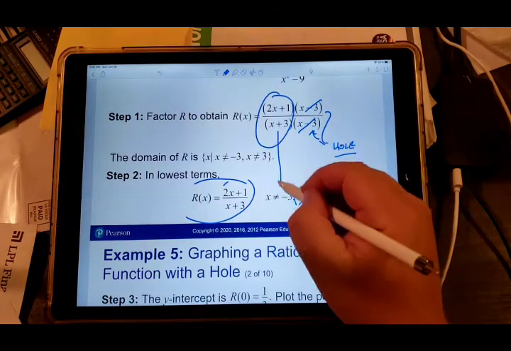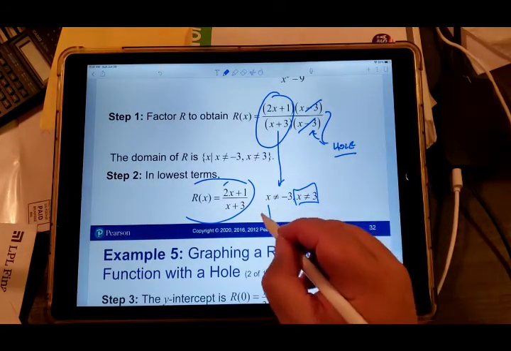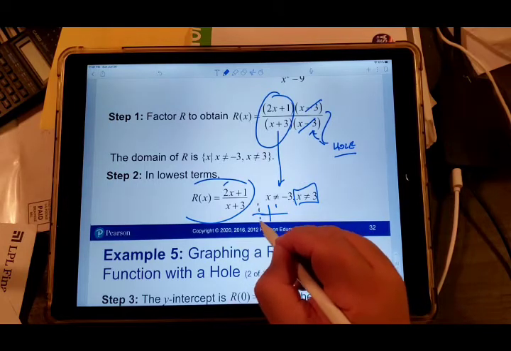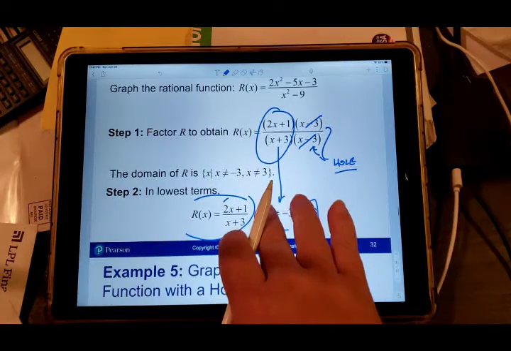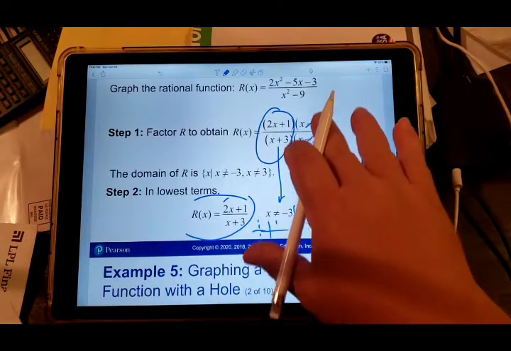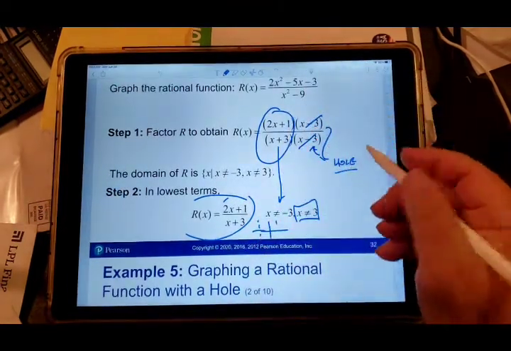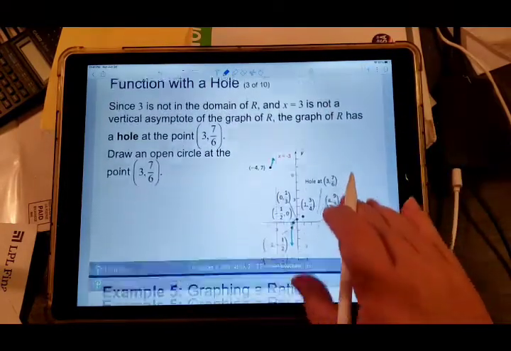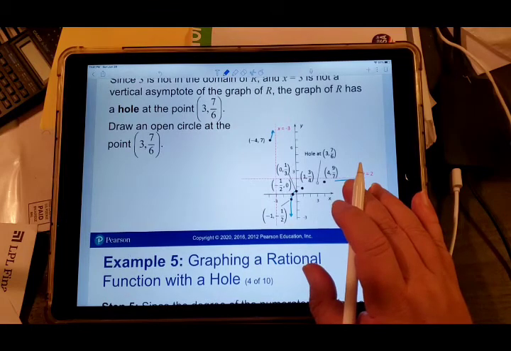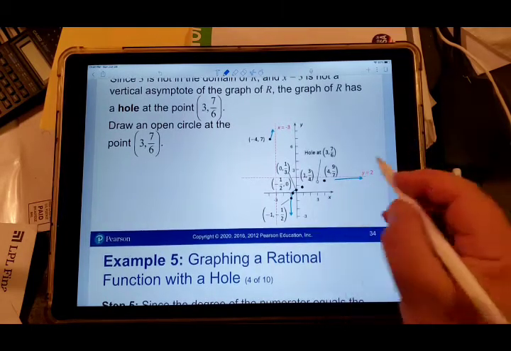Now, -3 is still a legitimate vertical asymptote because it's part of the final fraction. But if it's 0 in the numerator and denominator, we cancel it, it does leave what we call a hole behind. Lots of plotting.